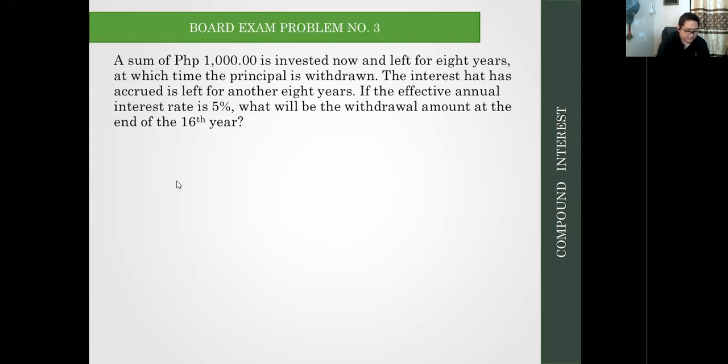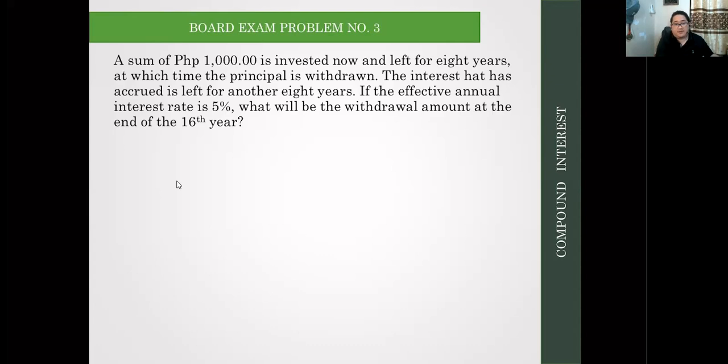Okay? And then yung naiwan na interest amount is hinayaan lang niyang mag-compound dun sa account niya.